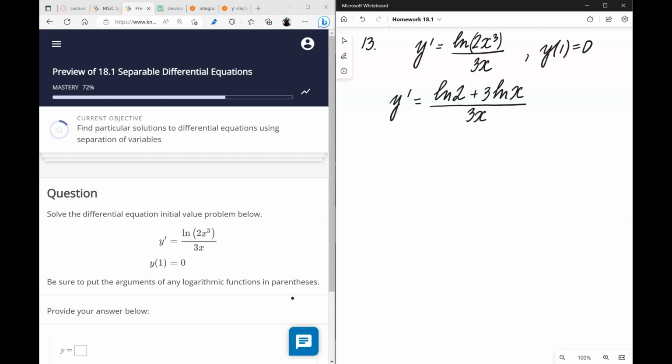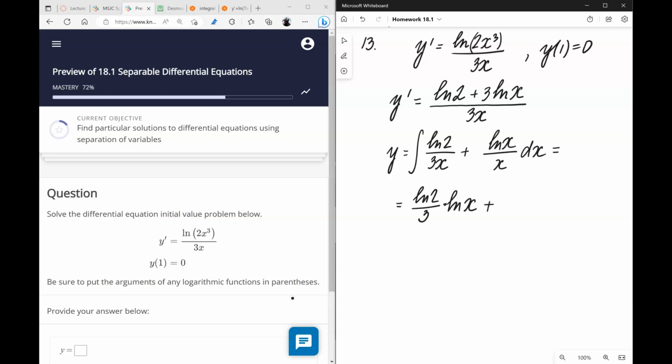And now we can find y by just integrating the right-hand side. But the right-hand side will be better off if we split it into two integrals like this. And this 3 clearly cancels this 3. So we have two simple integrals, one of which will be ln of 2 over 3 times ln of x.